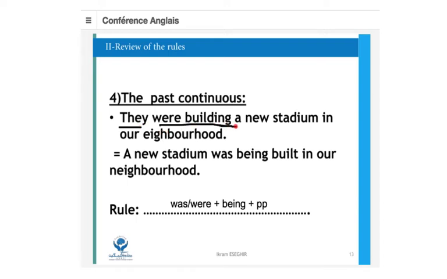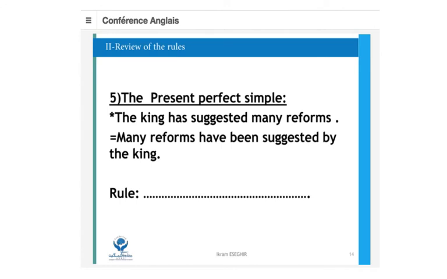We have were building is a verb in the past continuous. They were building what? A new stadium. Okay? So I start with a new stadium and it is singular. Was plus being plus the past participle of the verb to build is built. Okay? In our neighborhood.